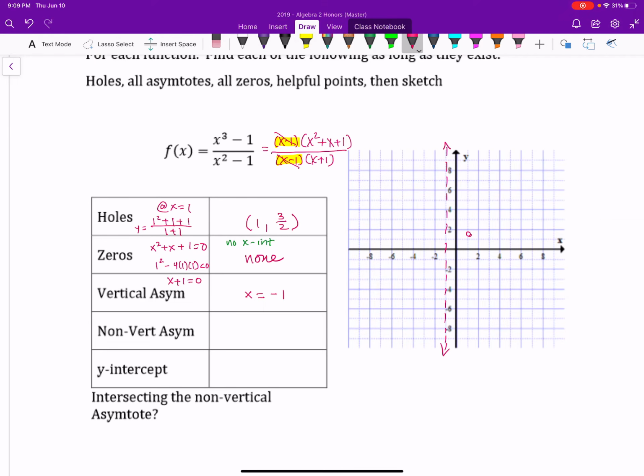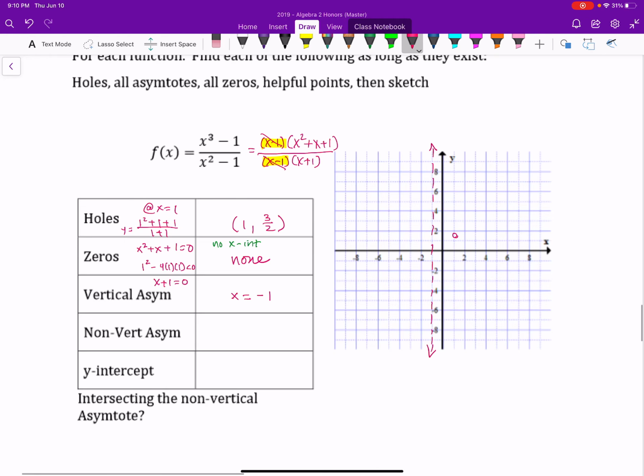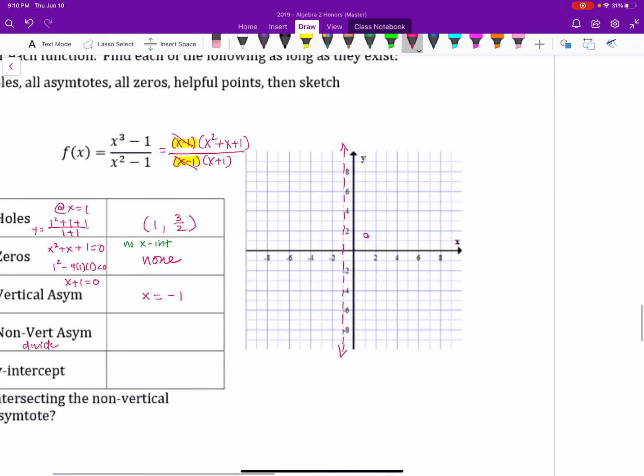Non-vertical asymptote is, in this case, the numerator has a higher degree than the denominator. So for me to be able to answer this question, I actually have to divide. So the way I'm going to do that is I'm going to do this over here on the side because I'm not going to have enough room.